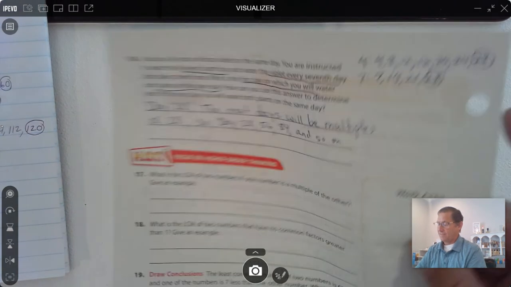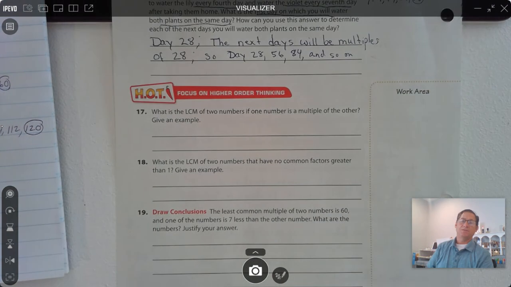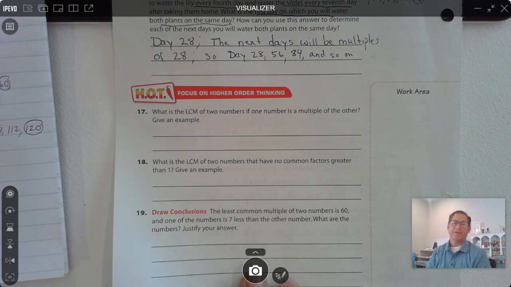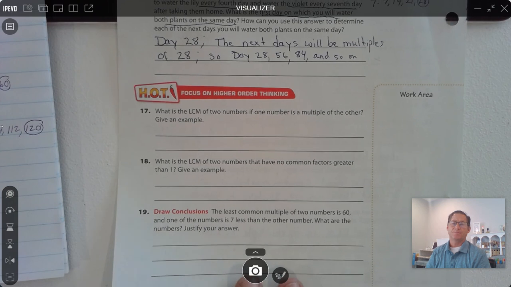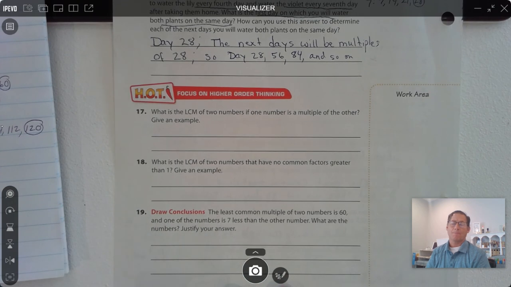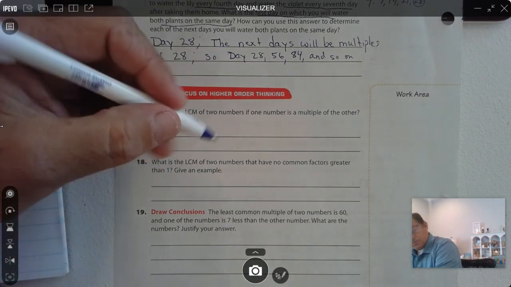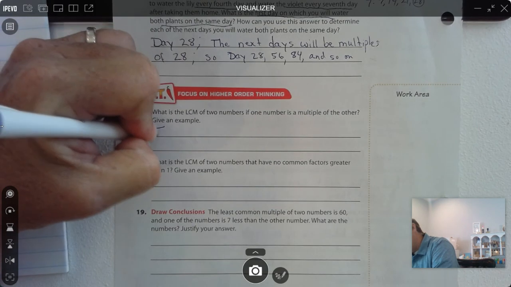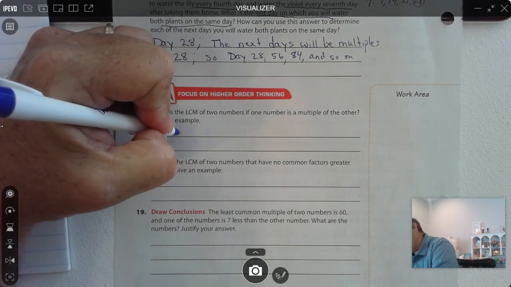Right, 17. What's the least common multiple of two numbers if one number is a multiple of the other? And give an example. So the least common multiple will be the greater of the two numbers.